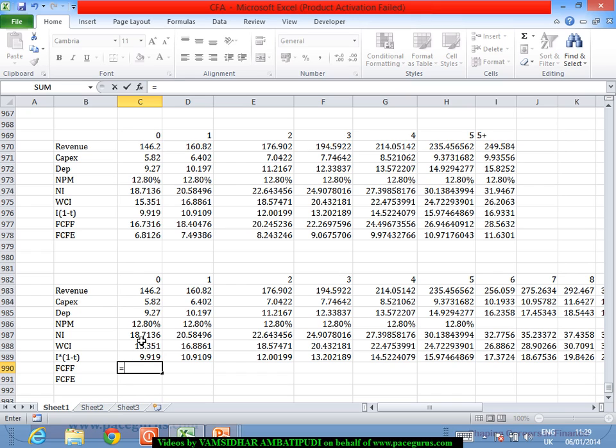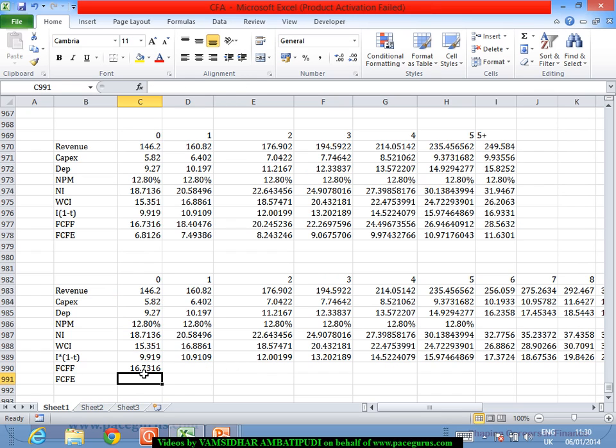right? Net income plus depreciation plus interest into 1 minus T minus working capital investment minus the capital expenditure.